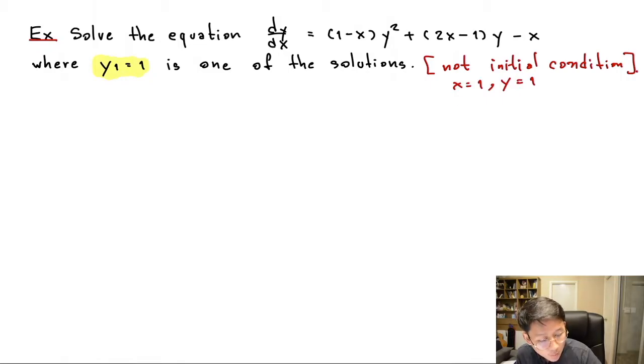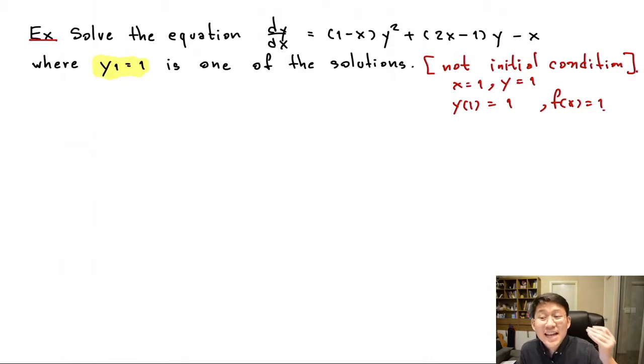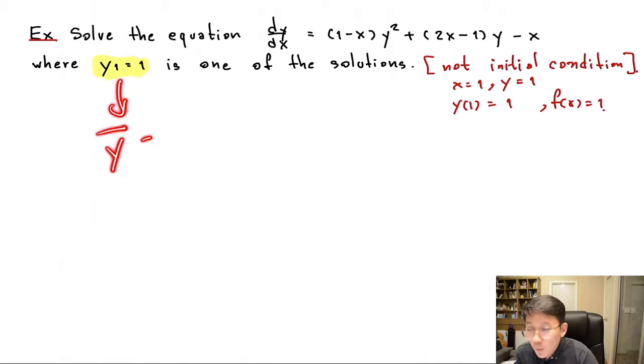But here, y1 doesn't mean that it's y1 when x is 1. No, it's just the name. It's like y number 1, the first y. Okay, it's just a name. It's not y when x equals 1. I can change this to y bar equals 1, which is one of the solutions. Or I can change it to y star equals 1. Or I can change it to ya equals 1.